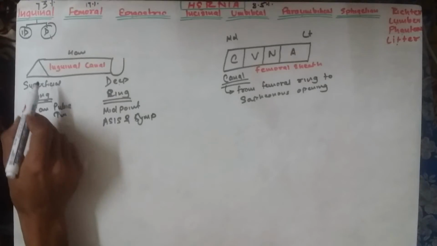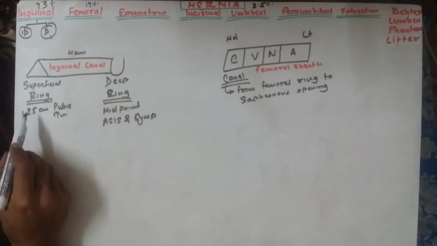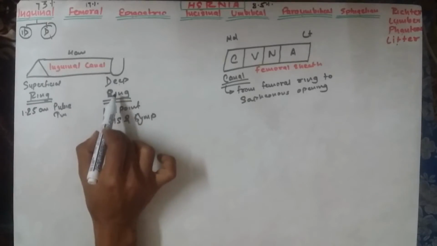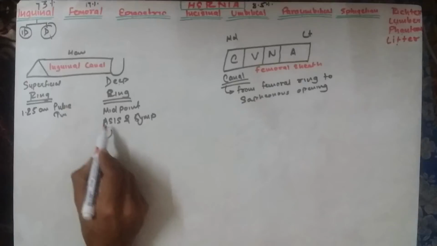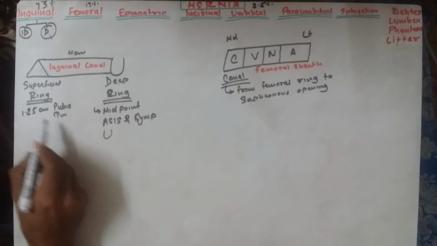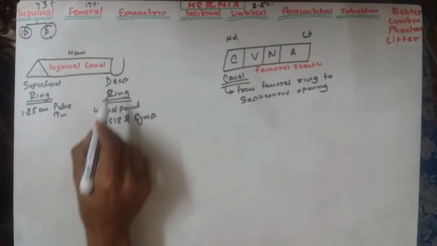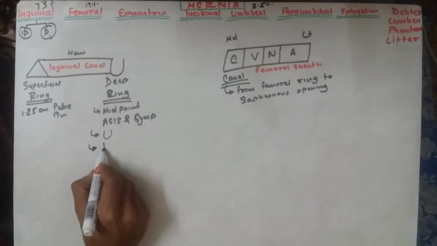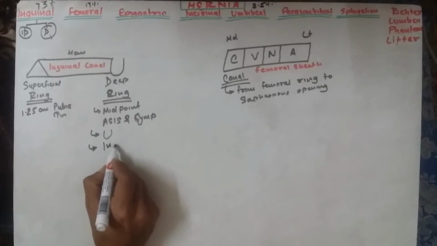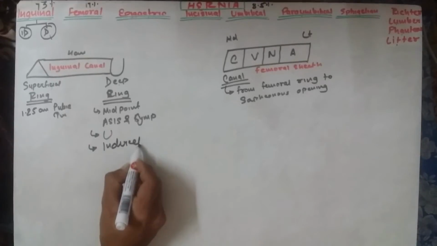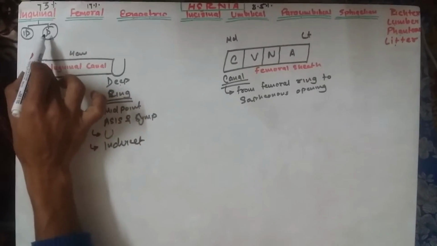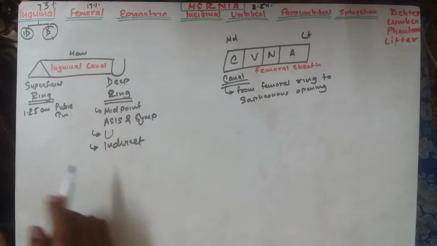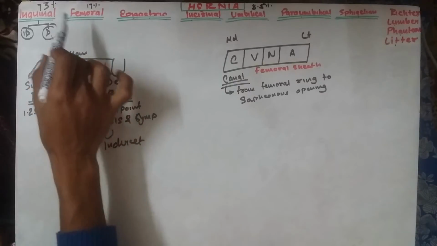The shape of the superficial inguinal ring is triangular, as shown in the figure, whereas the deep inguinal ring is U-shaped. We look at the deep inguinal ring for the indirect type of inguinal hernia, whereas the direct type of inguinal hernia comes directly from the Hesselbach triangle, which we will look at in further detail.